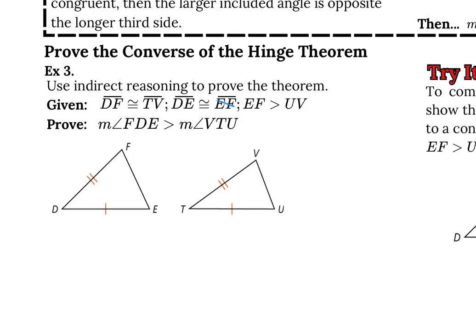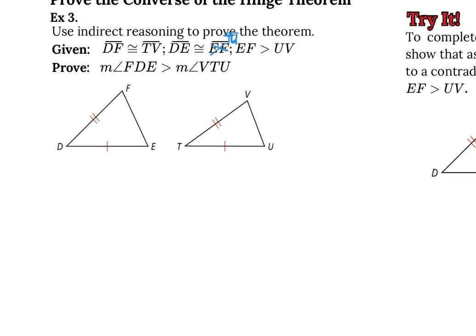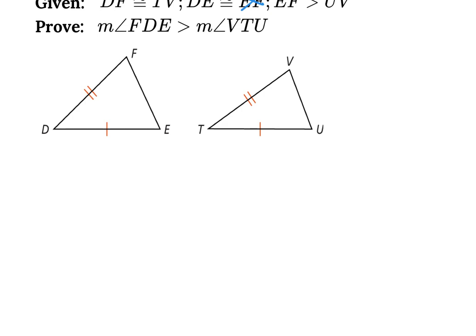So DE should be congruent to TU. So that's got an error in it. Should be TU. Okay, and then EF is greater than UV. Okay, so we're gonna work on our proof, statements and reasons.